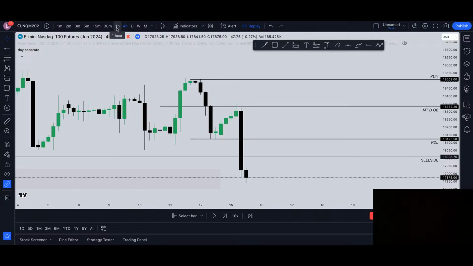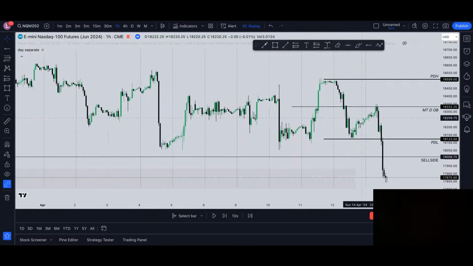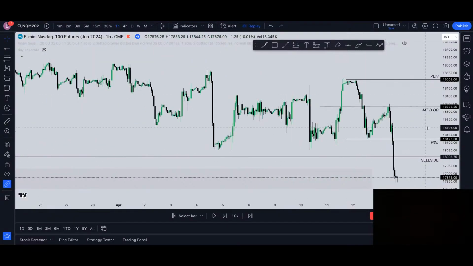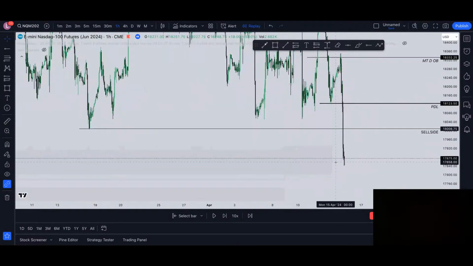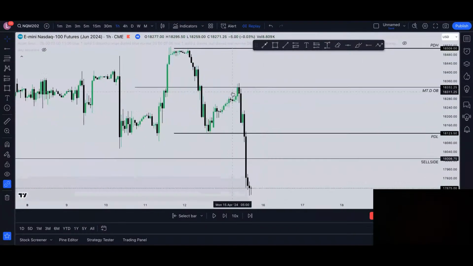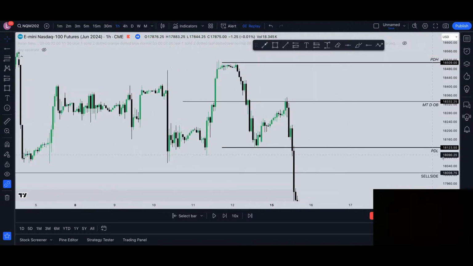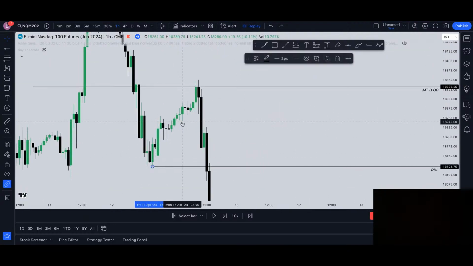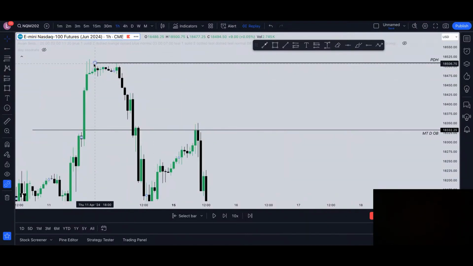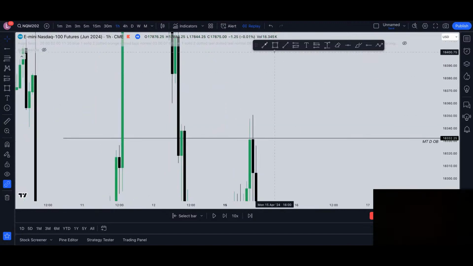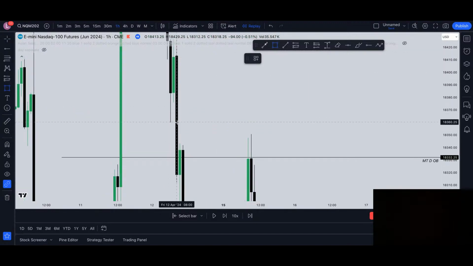4 hour, 1 hour. So let me turn off this indicator. So for the Monday, we can see there was a very nice sell-off on ES. This 1 hour fair value gap.